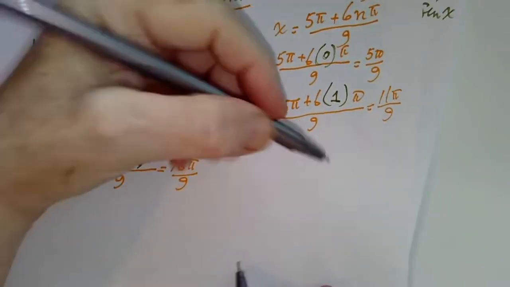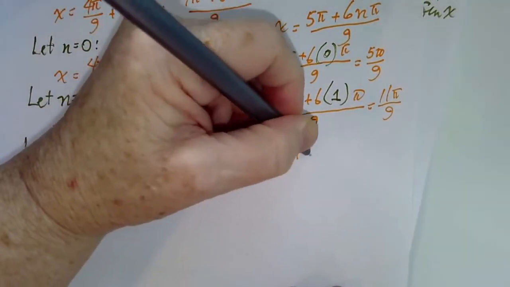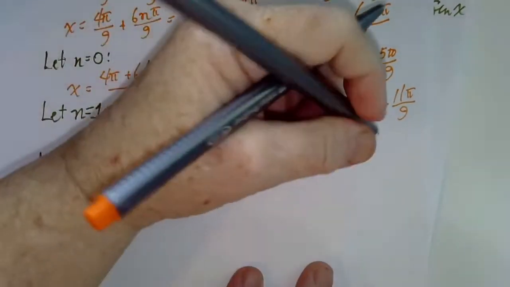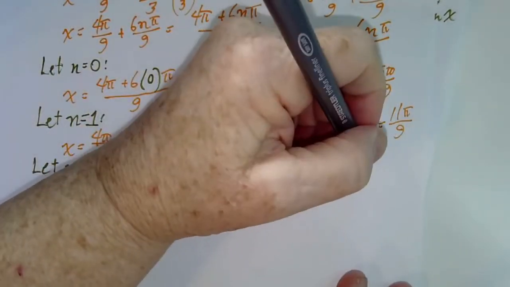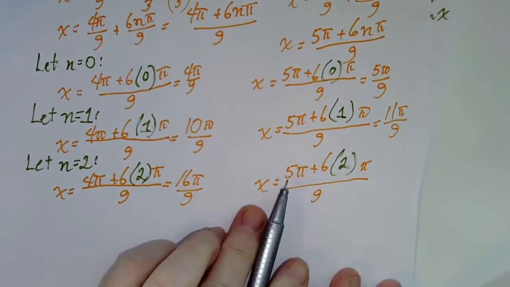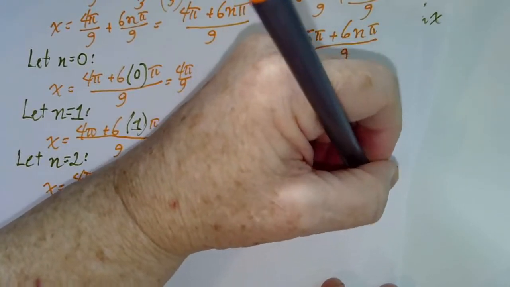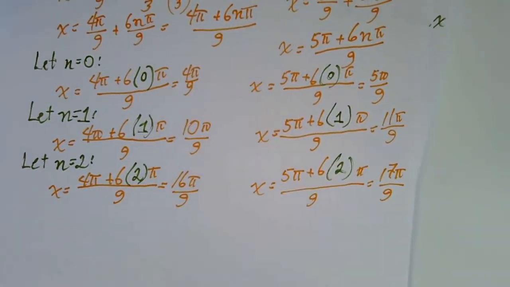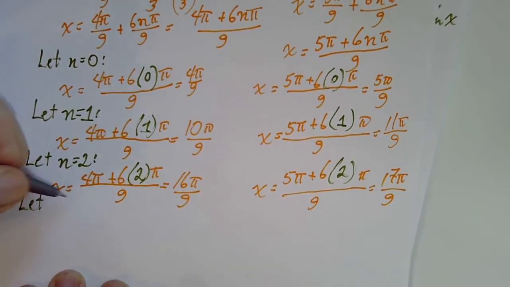And then we have x is equal to 5 pi plus 6 times 2 times pi over 9, and that's 12 plus 5 is 17 pi over 9. How many values do I need to keep looking for if I only want answers that are between 0 and 2 pi?